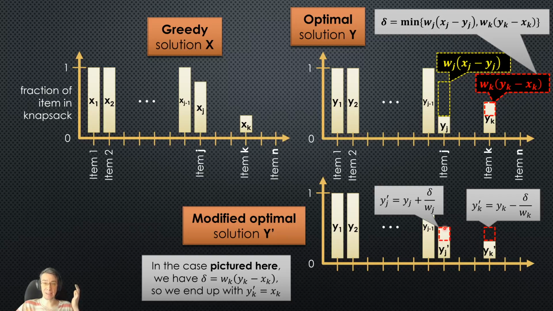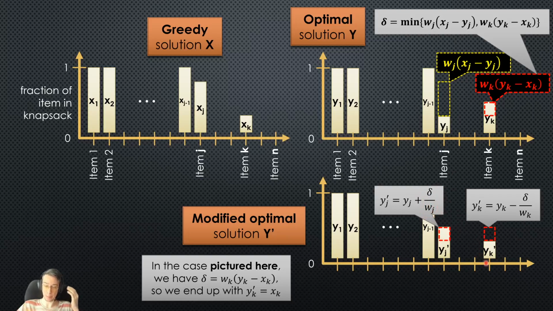And these don't necessarily have to be the same size, because we're adding the same weight to item j. But if j is much lighter, we'll be adding a much bigger fraction of j, okay? So just try to remember what the types are on these variables. Delta is a weight. Xj and yj are fractions between 0 and 1 of an item. So there's some scaling happening here by the weights.